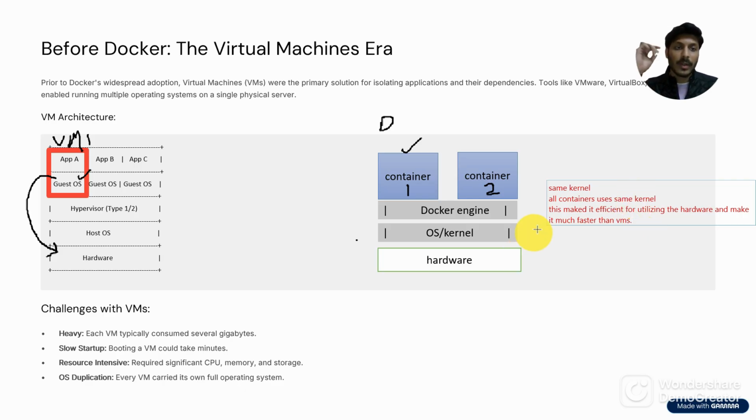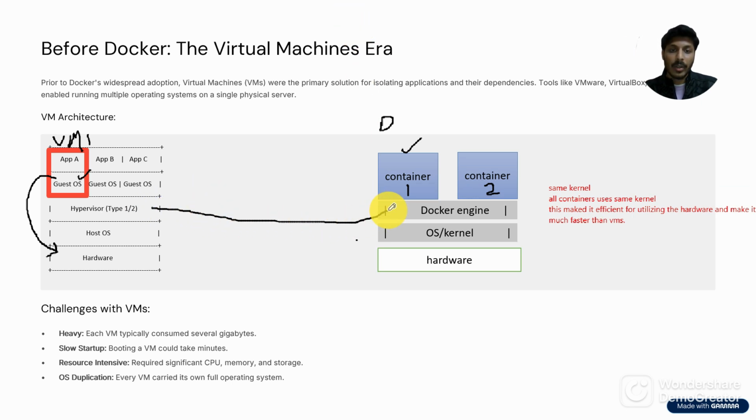This is how the main drawback of virtual machines gave rise to the introduction of Docker. So the hypervisor is equivalent to the Docker engine. And the host operating system is also present here, but this layer is not present here.